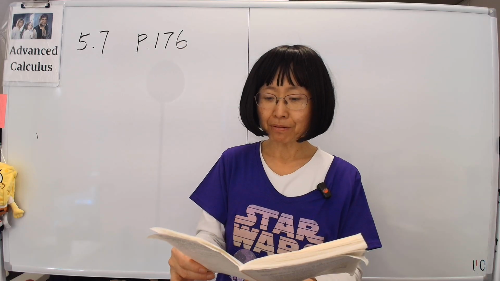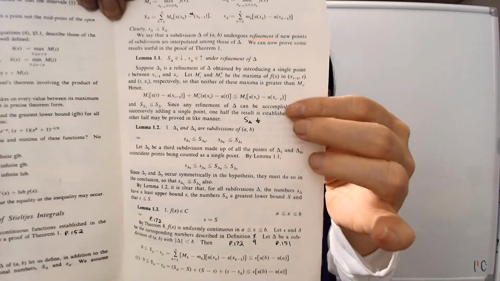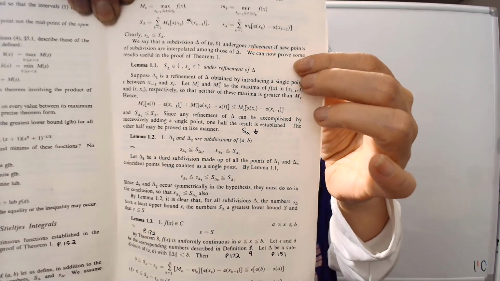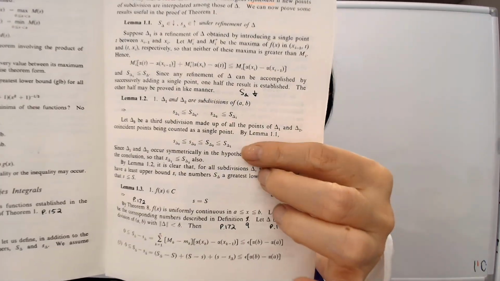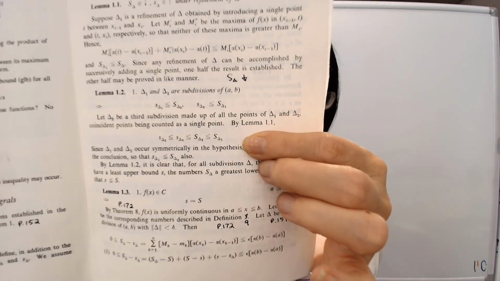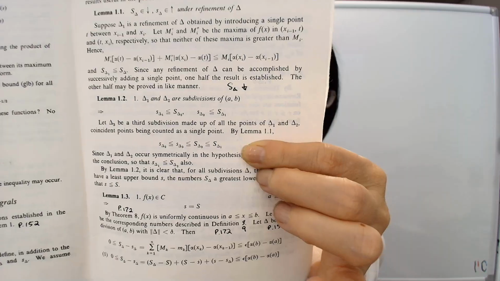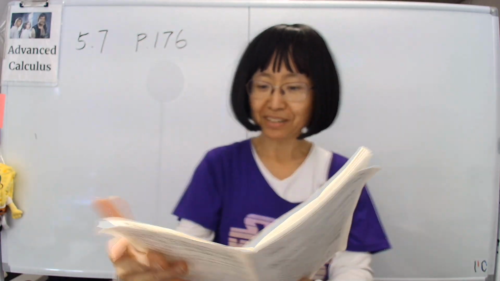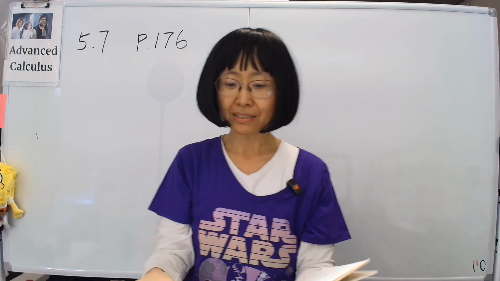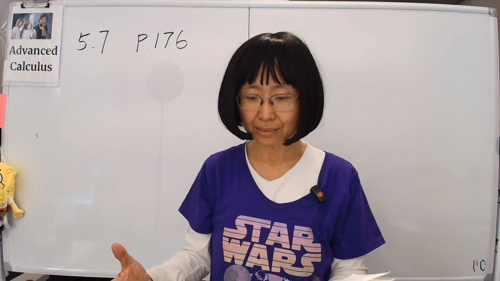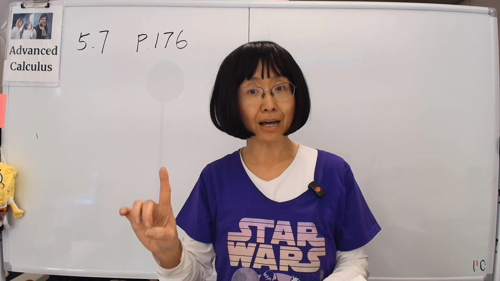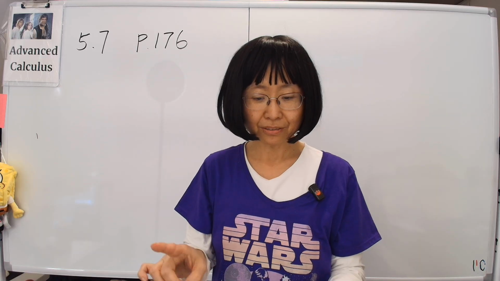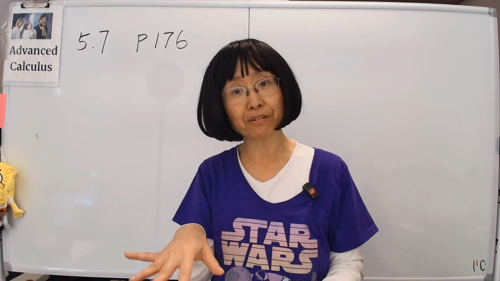So now we apply lemma 1 directly. What does lemma 1 say again? Big S decreases and small s increases under refinement. So small s of triangle 2 is going to be less than small s of triangle 3, because by lemma 1 it got refined, and small s goes up under refinement; triangle 3 is more refined than triangle 2.